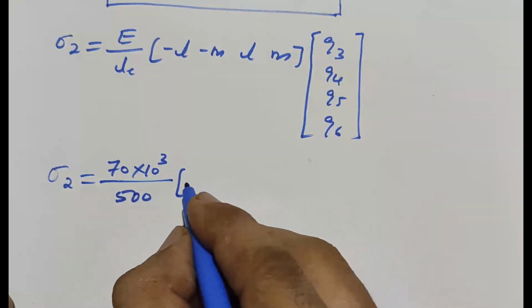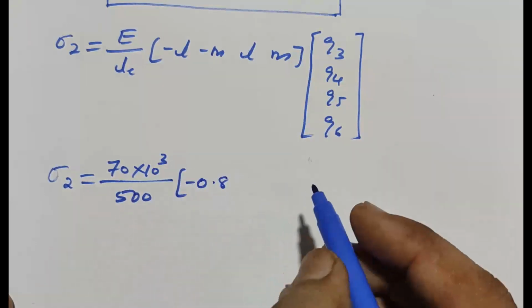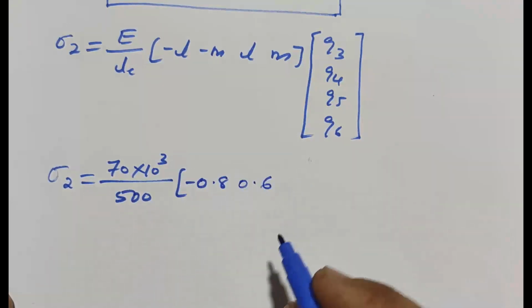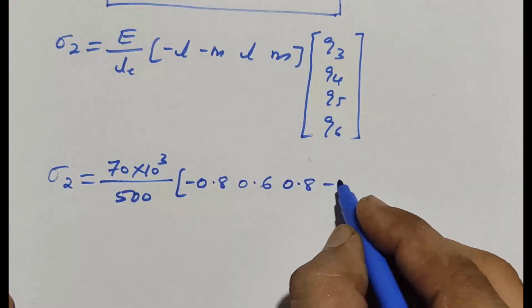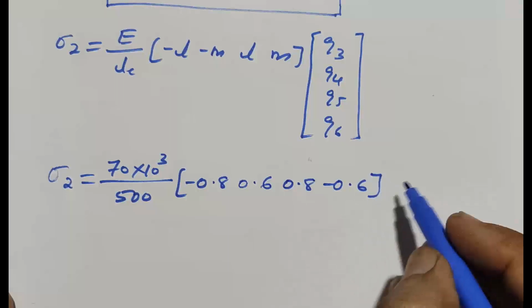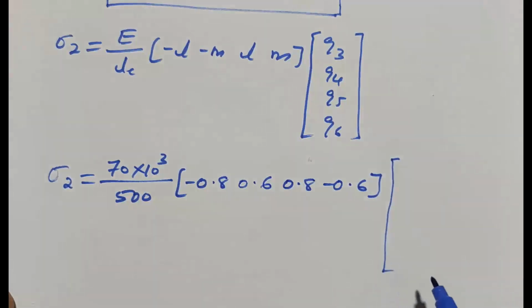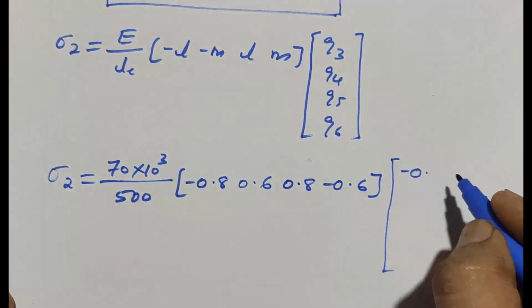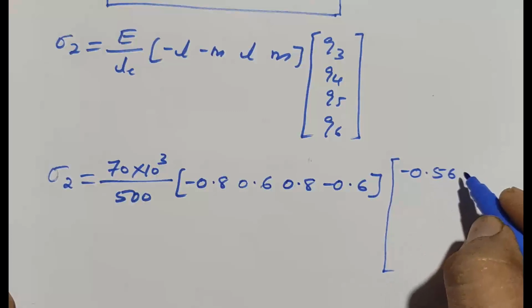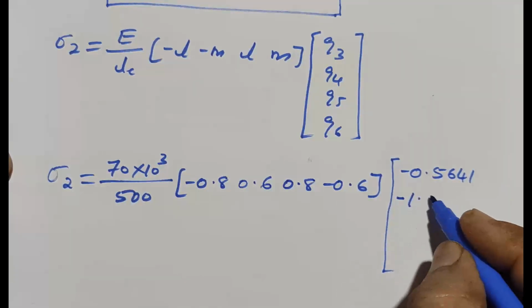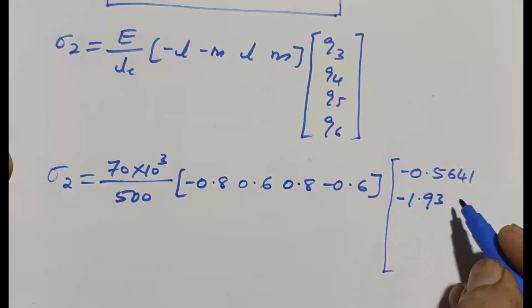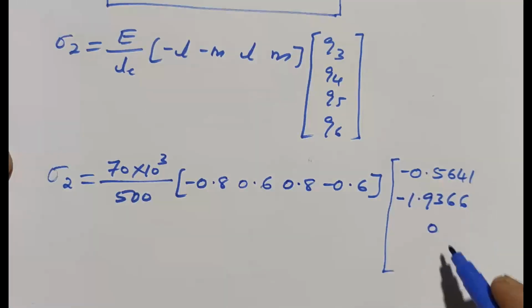It is minus 0.8, 0.6, 0.8, minus 0.6 into minus 0.5641, minus 1.9366, 0, 0.